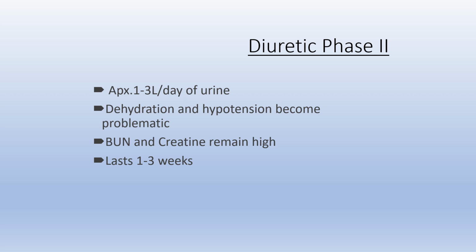It is important to monitor for hypovolemia, hyponatremia, hypokalemia, and hypotension in this phase. Serum BUN and serum creatinine levels are high until the end of this phase. This phase can last up to 1 to 3 weeks.